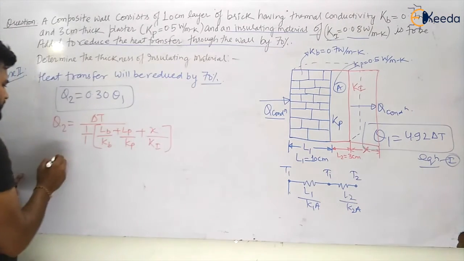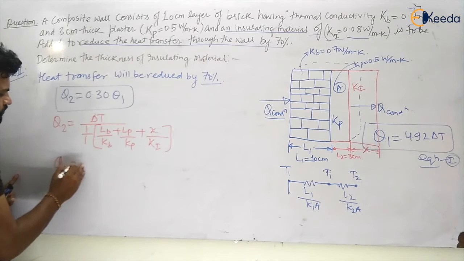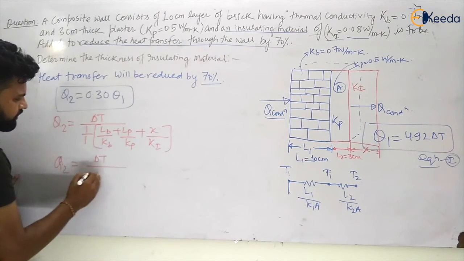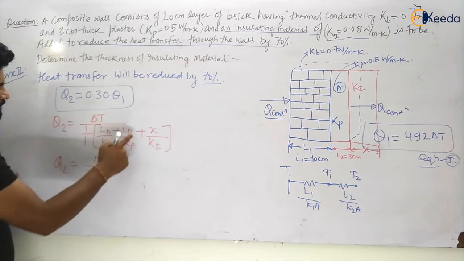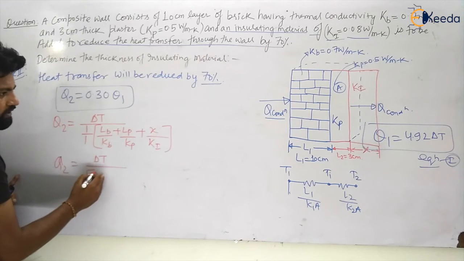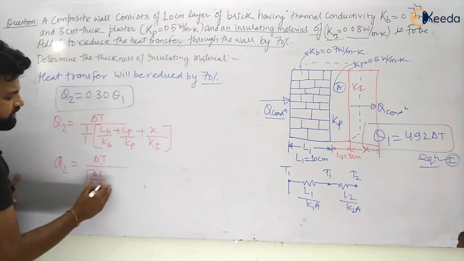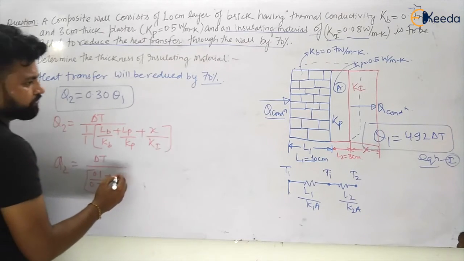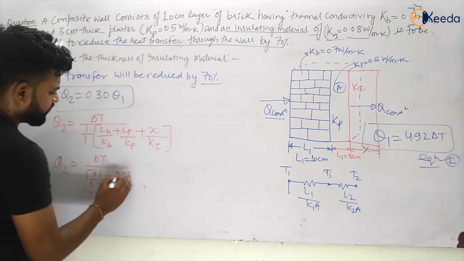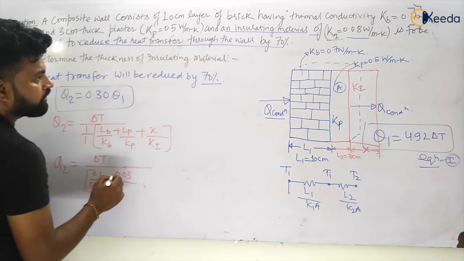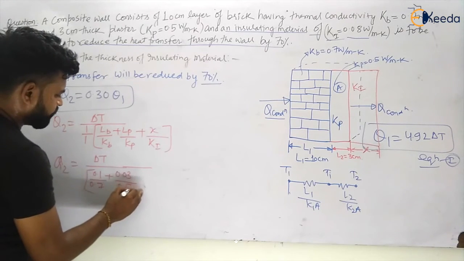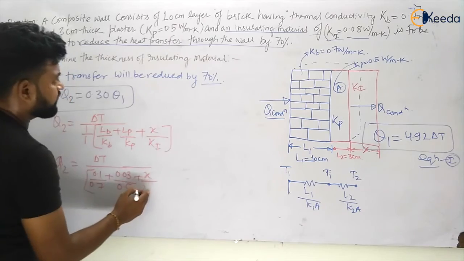So what will it become? Q2 is equal to delta T divided by LB by KB and LP by KP, which you know. So this will become 0.1 divided by 0.7 plus 0.03 divided by 0.5 plus X upon K insulation.